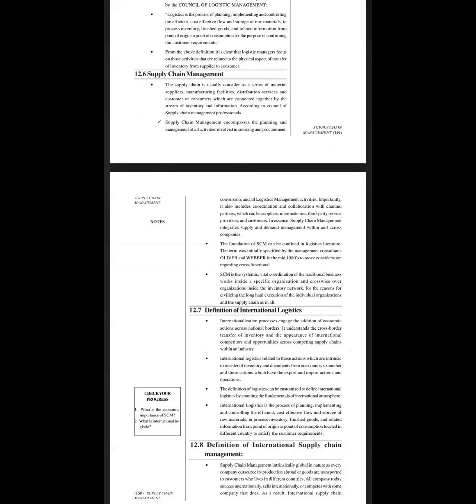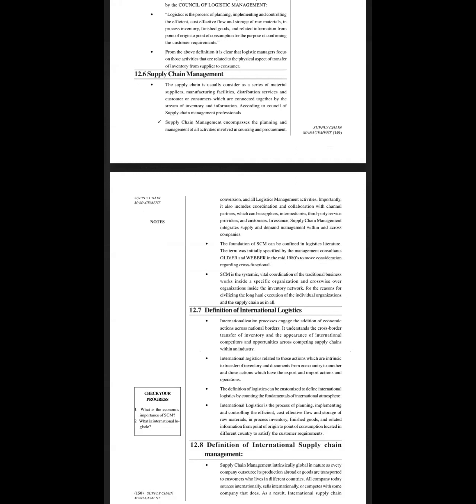Supply chain management usually considers a series of material supplies, manufacturing facilities, distribution services, and customers or consumers, which are connected together by the stream of inventory and information. According to the concept, supply chain encompasses the planning and material management of all the activities involved in sourcing and procurement, conversion, and all logistics management activities.